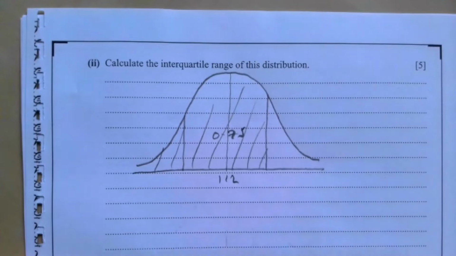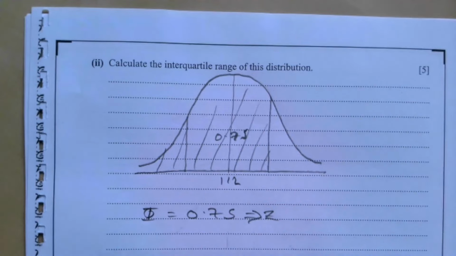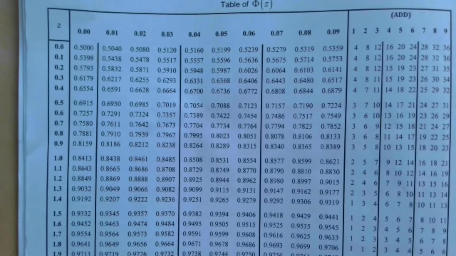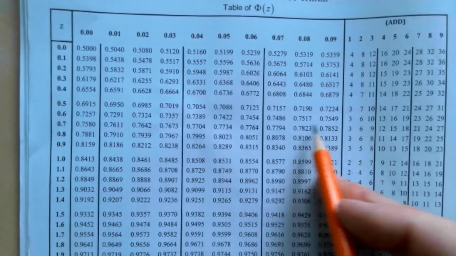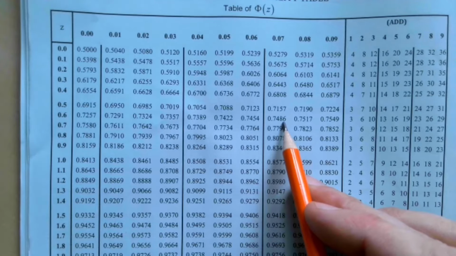So let's see if that gives us our z value. We're looking for 0.75, so there's 0.7486, and we need to add 14 onto that.